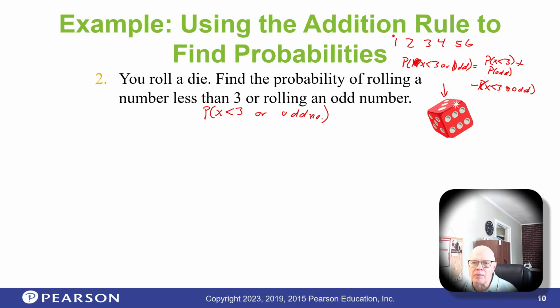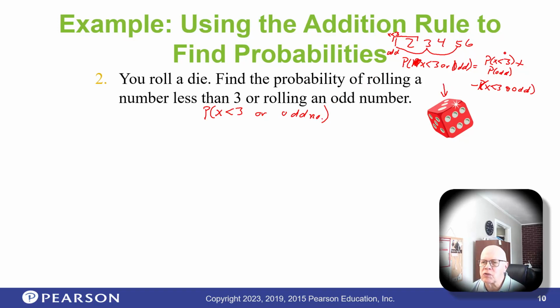On the top, we'll say less than 3. So which ones are those? Those are the numbers that would give us less than 3. On the bottom, odd. Which of these are odd? Well, there's a 1 and a 3 and a 5. That sets you up for success.